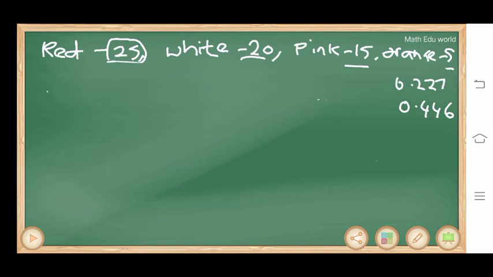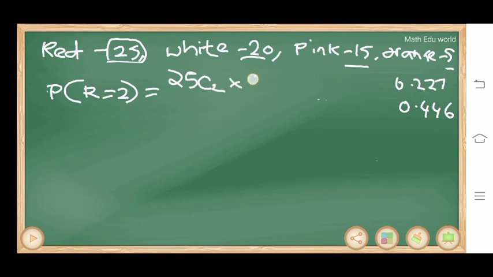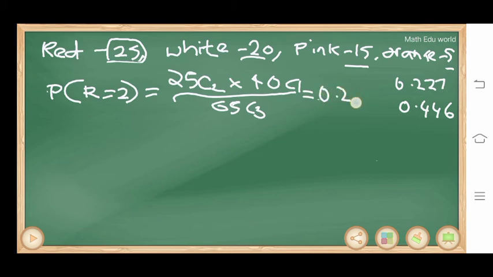Yeah, should be from others. So probability of red roses is 2 can be 25C2 multiplied by 40C1 all divided by 65C3, which is equal to 0.274.